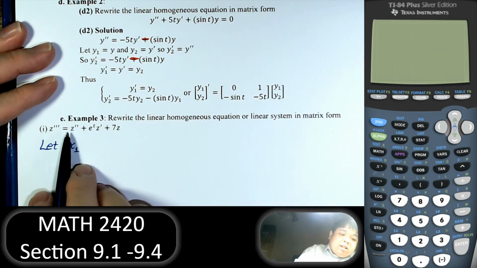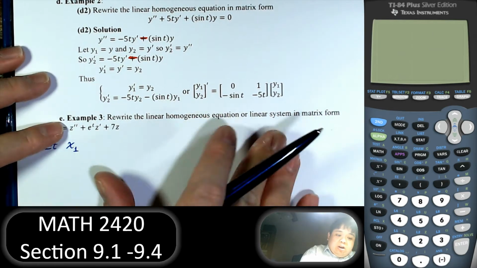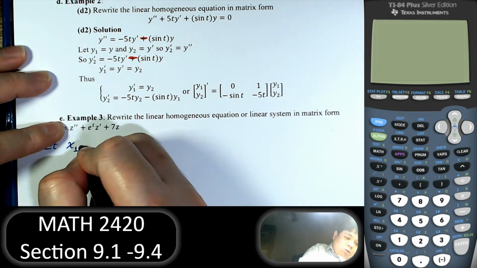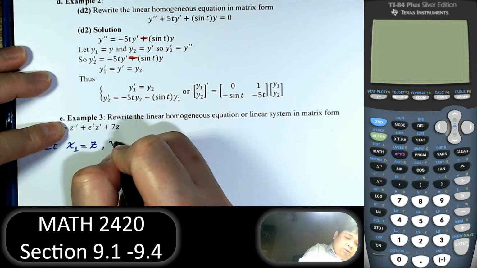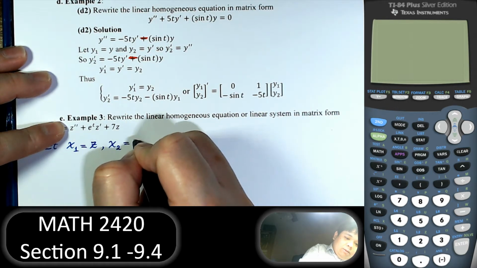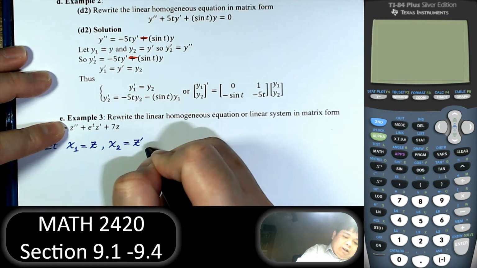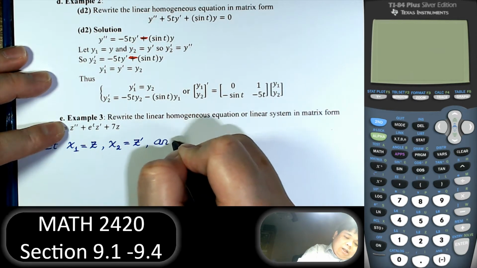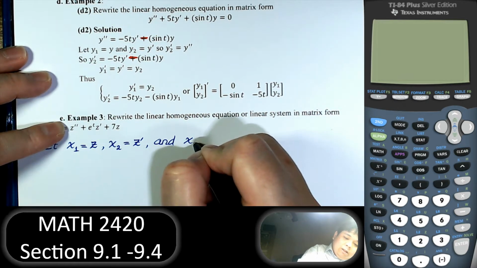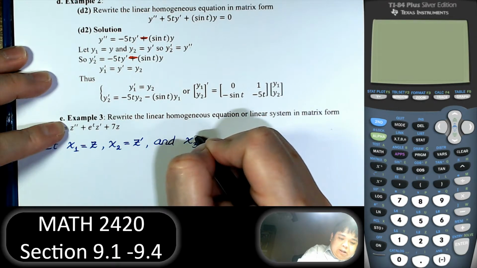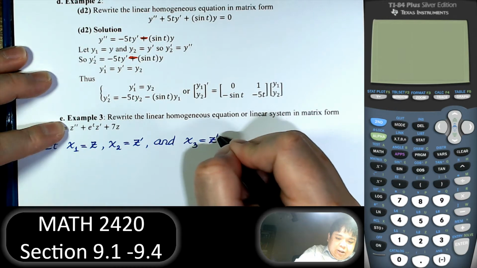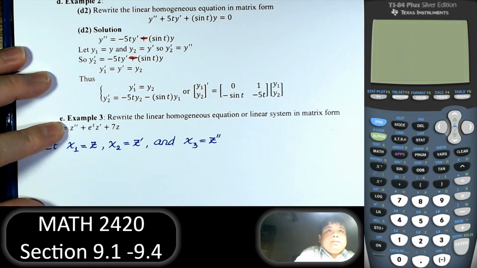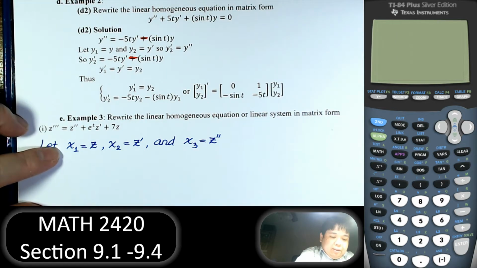Right. So let x1. Now we have the second derivative, and the function on the right hand side, right? So if I let x1 be the function z, x2 the derivative, and x3 equal to z double prime. Right.